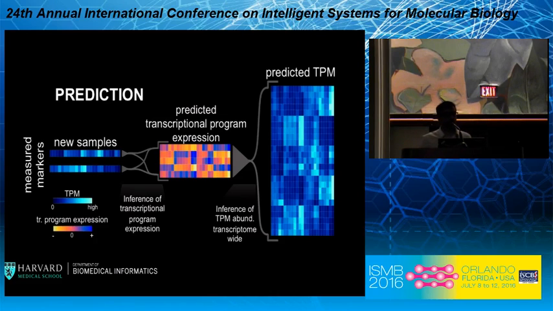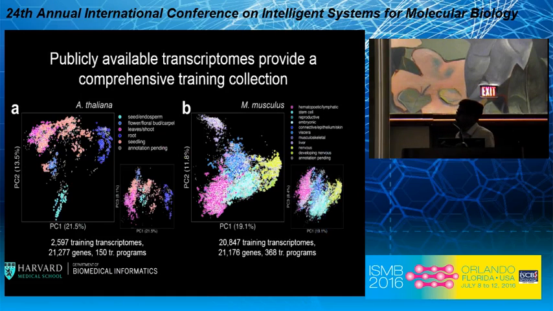But remember, I told you its performance is going to be limited by the training data that you have in hand. And so we turn to publicly available sources, and in particular, we turn to the Sequence Read Archive from the NCBI.